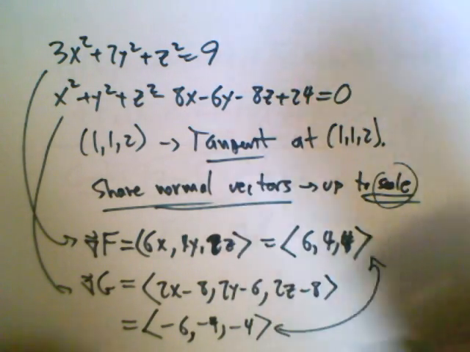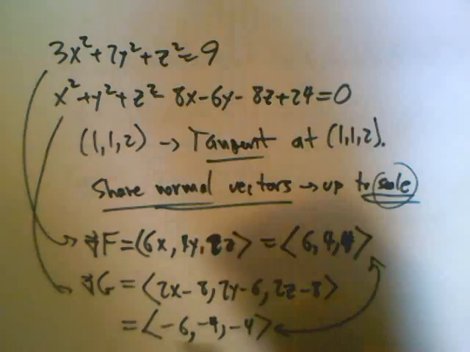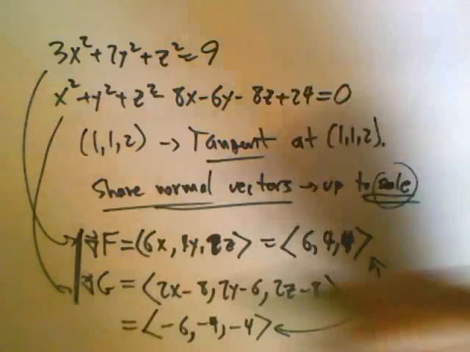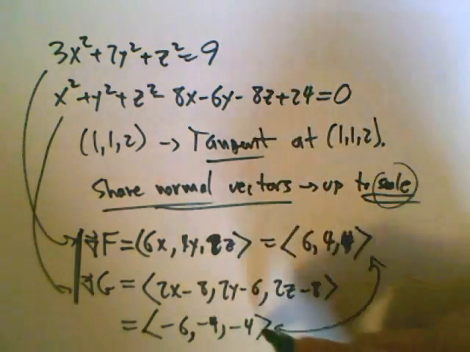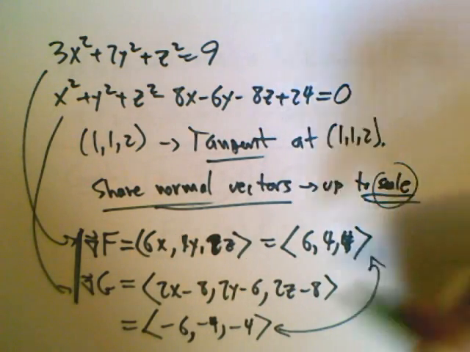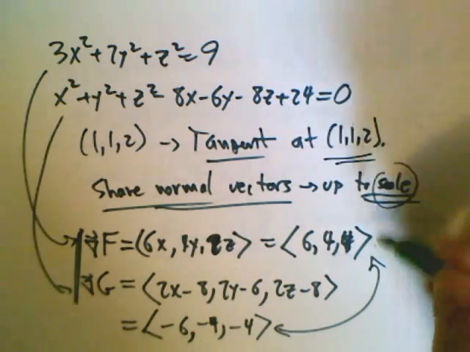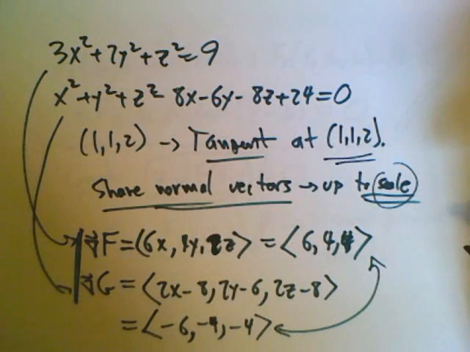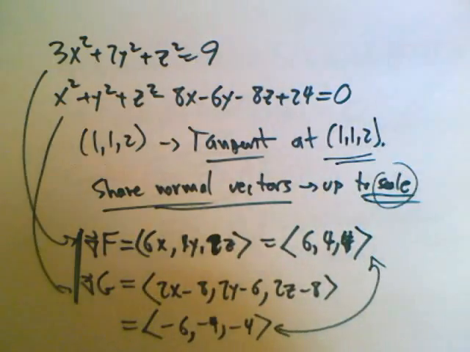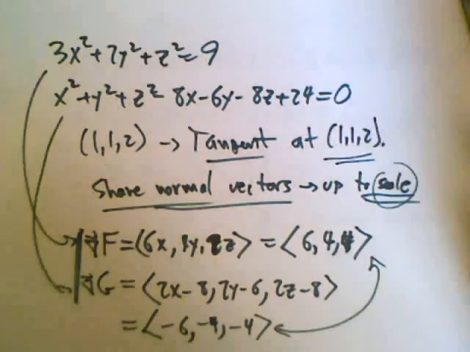And so these guys are scalar multiples of each other. And so they share a tangent plane because, of course, the scale of the normal vector doesn't really matter. These are going to give the same equation since you're at the same point and normal vectors that are just a scalar multiple of each other. Pretty cool. And then this actually has a nice relationship to Lagrange multipliers, which we'll come to soon.